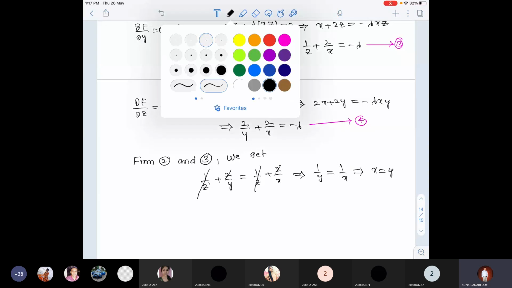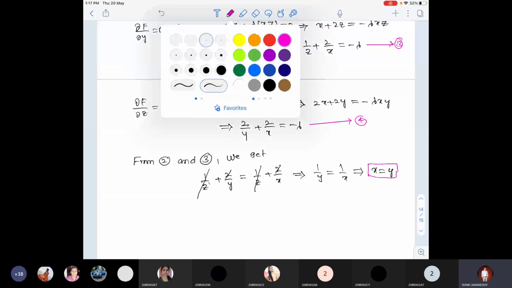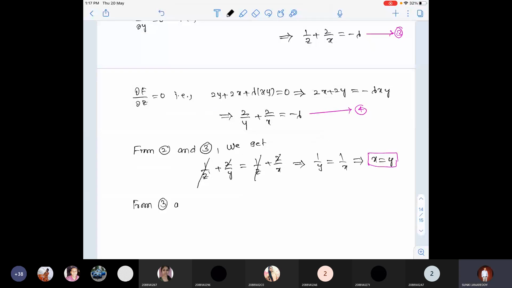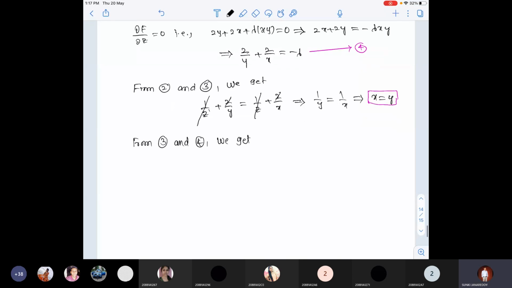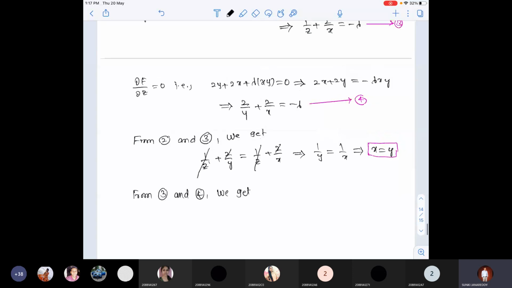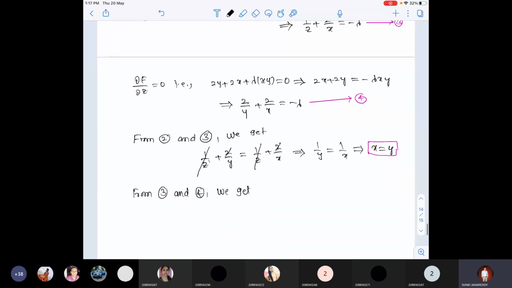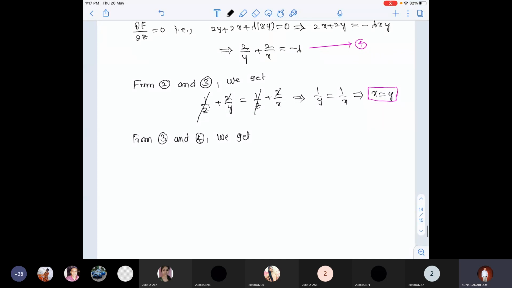Similarly we can equate the next two equations. What are those equations now? From 3 and 4 we get, tell me Nana, what? Here we can equate these two left side values. 1 by z plus 2 by x is equal to 2 by y plus 2 by x.